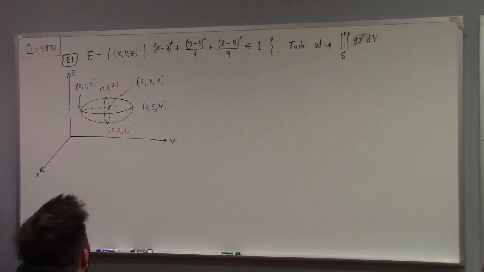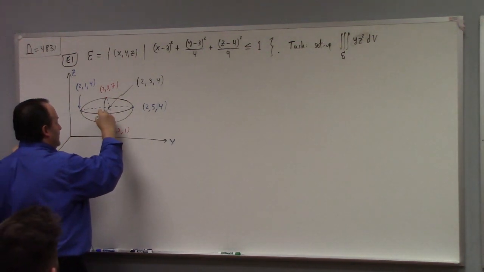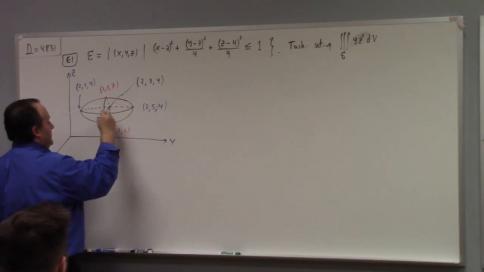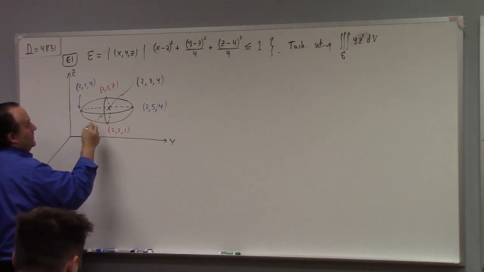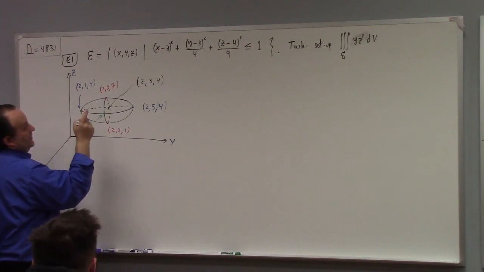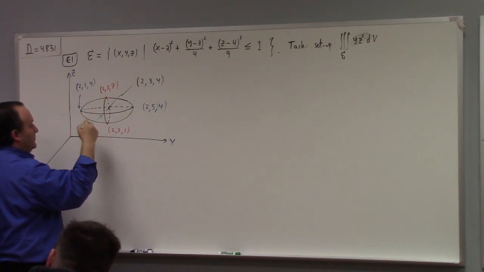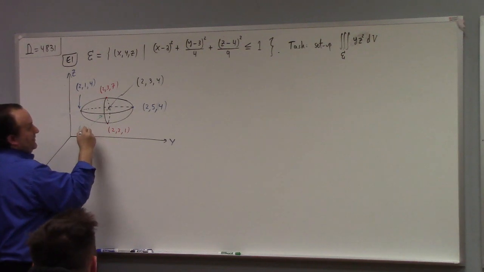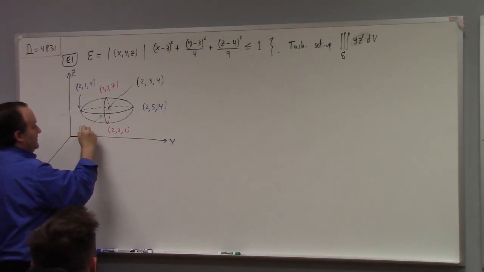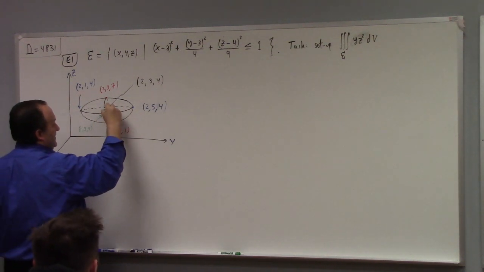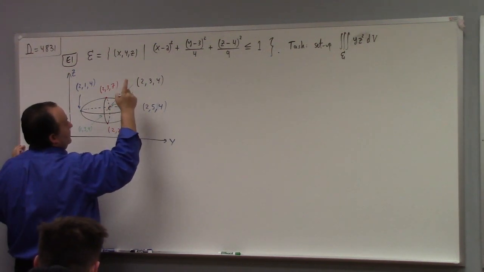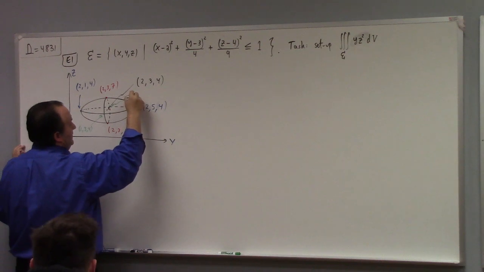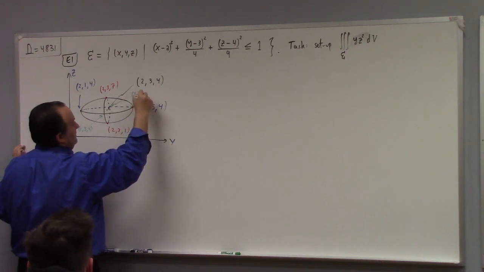So this front point here would be x is 2, but we're going to subtract 1, so we got 1. The y is 3, the z is 4 because it's there. And on the back side, you'd have 2 plus 1, which would be 3, 3, 4.